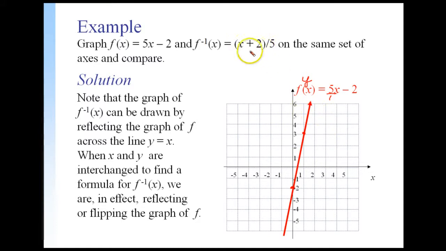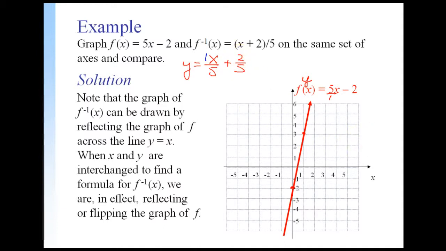Now when you go to graph this, which is x over 5 plus 2 over 5, that's the inverse. Remember, your slope now is going to be 1/5, and your y-intercept is 2/5.